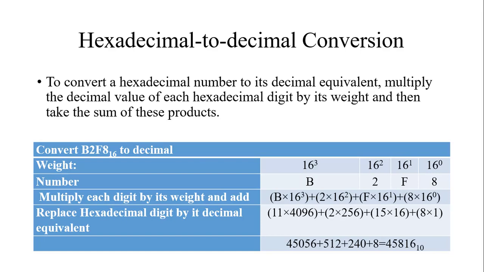The same procedure: multiply each digit with its weight and add. The sum is the corresponding decimal number. For multiplication, replace each hexadecimal character by its decimal equivalent. So B is replaced by its decimal equivalent 11 and F is replaced by its decimal equivalent 15.